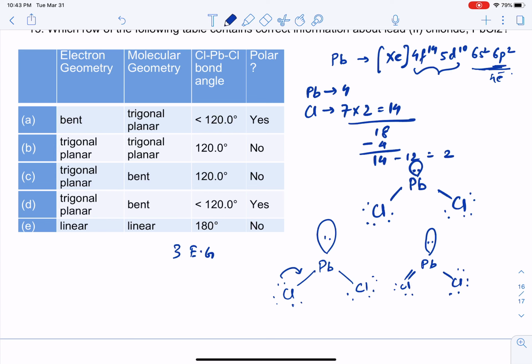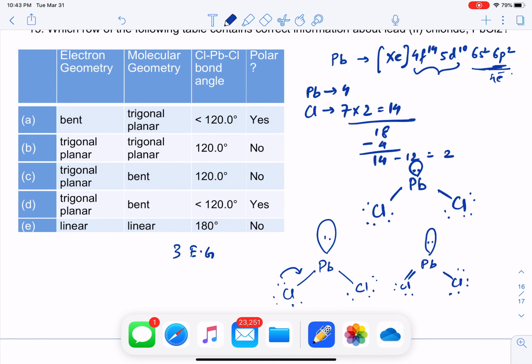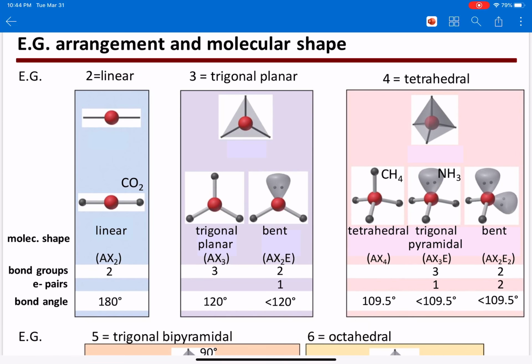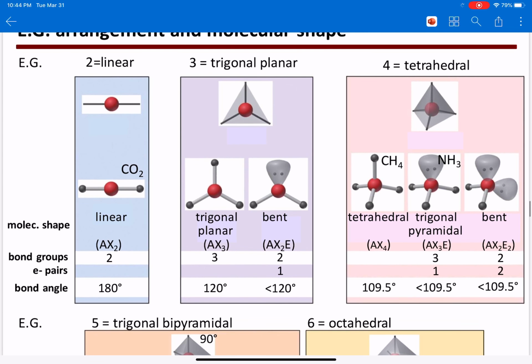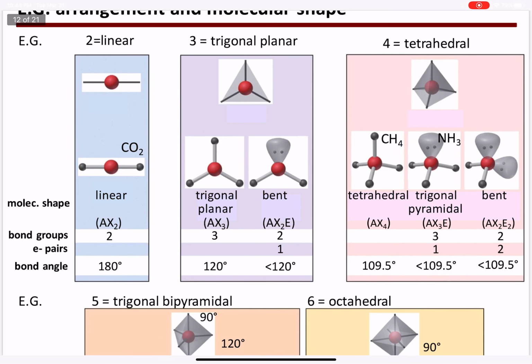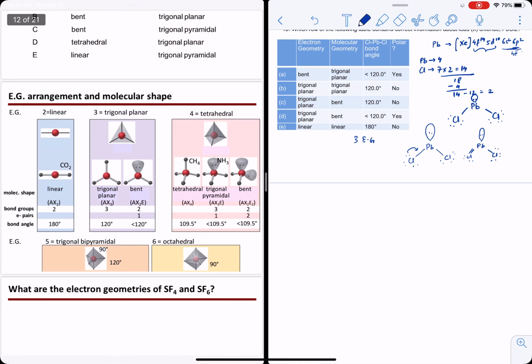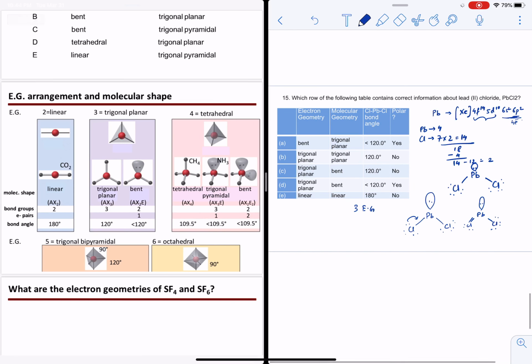And for 3 electron groups we know that it's trigonal planar, plus if you checked earlier we had 2 bond pair groups and 1 lone pair group. So let's open it side by side, the electron geometry would be trigonal planar.